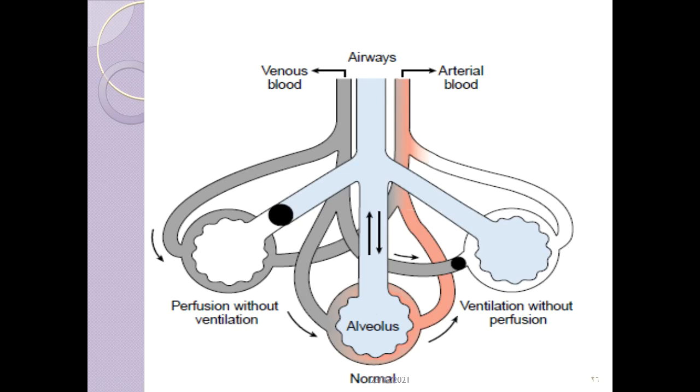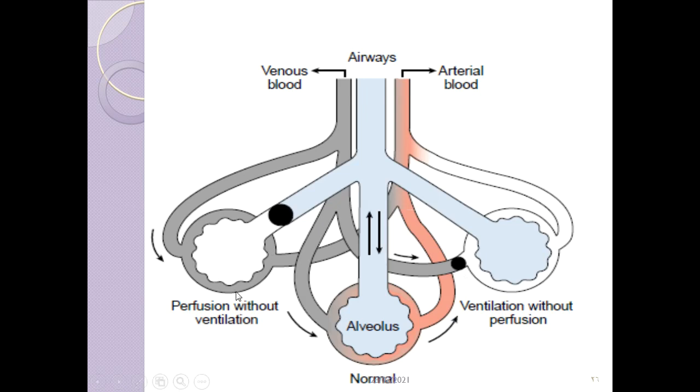As you see in this part, there is a good ventilation, but there is a defect in the perfusion. There is a closure to the perfusion, so there will be abnormal respiration.